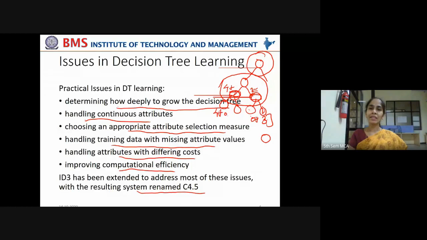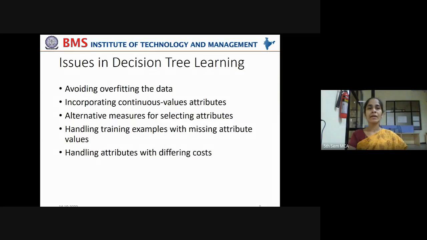Right? Now let us see how all these issues have to be understood and how to overcome those traps. Okay? Now let me list out the issues we are going to discuss here in today's and the next session also. That is avoiding overfitting the data, incorporating continuous value attributes when you're using decision trees as the learning model, alternative measures for selecting the attributes, and handling training examples with missing attribute values.